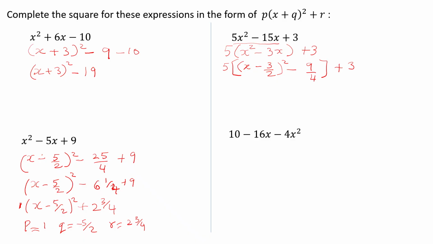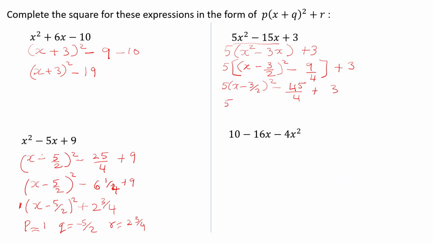Now multiply by 5, 5 times x minus 3 over 2 squared, minus 5 times 9 over 4, plus 3.